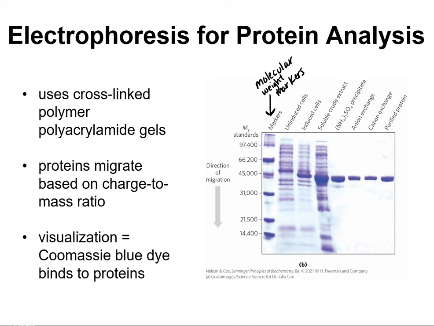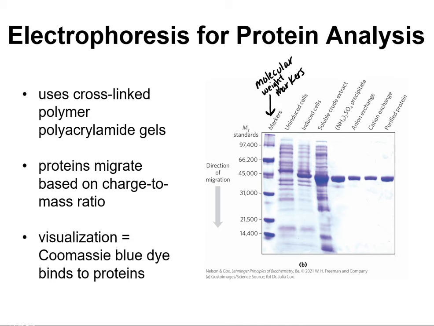And you can compare how your protein runs to the molecular marker to get an idea of what your molecular weight is. The next lane has uninduced cells, and we're going to talk more about this in class.